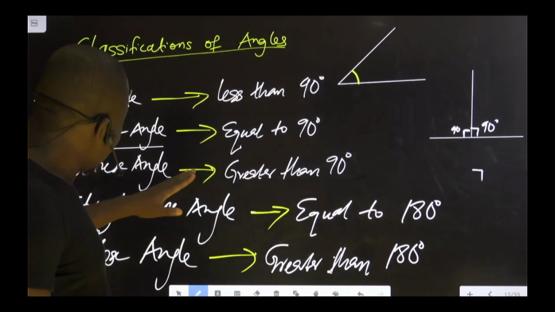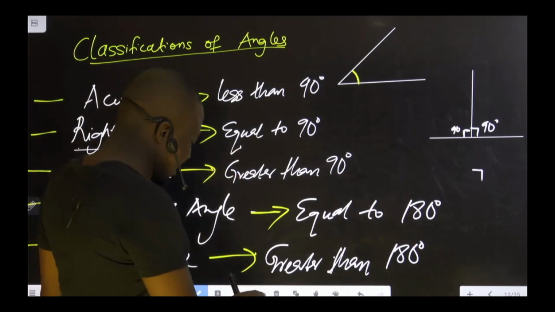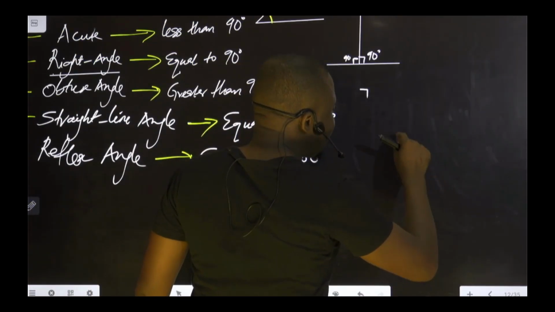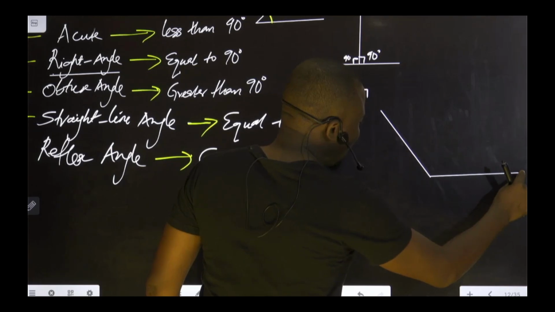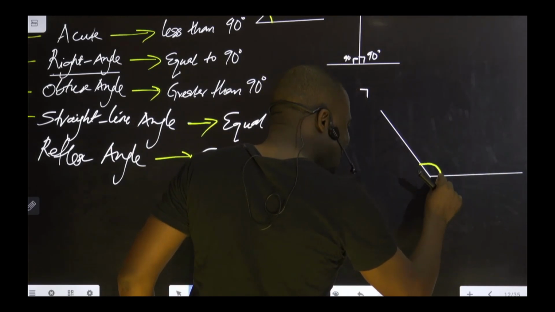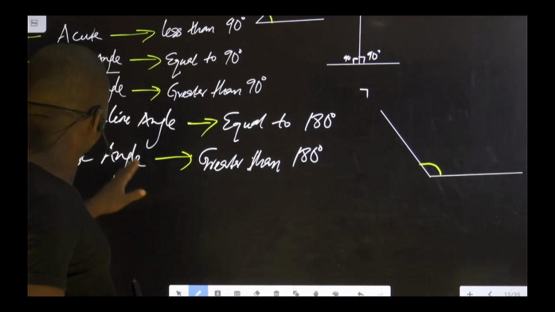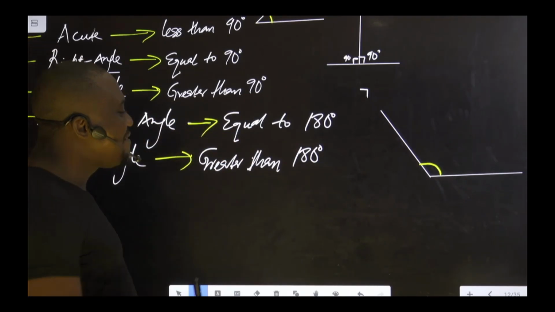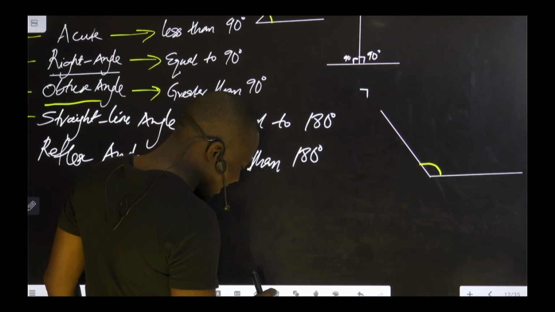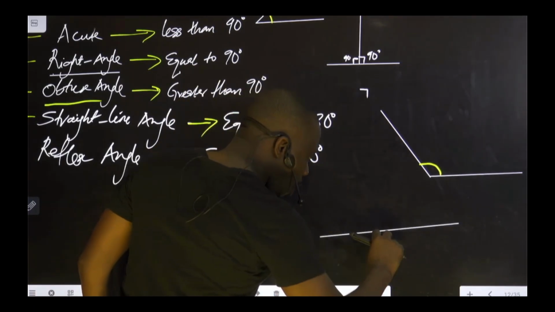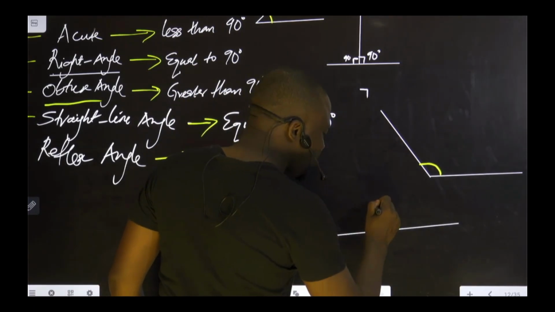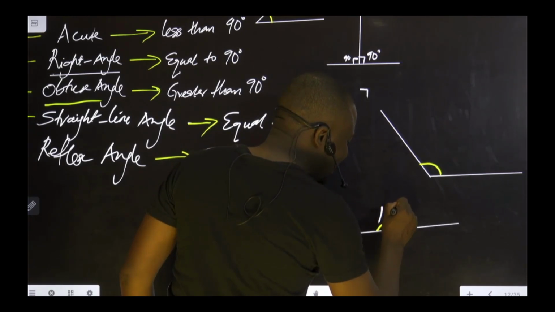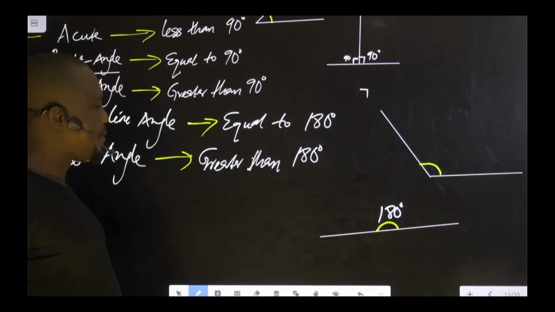Acute angle. If it is greater than 90, for instance, this is a line, another line. So you can see this angle here is greater than 90 degrees. It is called what? Obtuse angle. If the angle is on a straight line, we say what? It is 180 degrees. Okay?